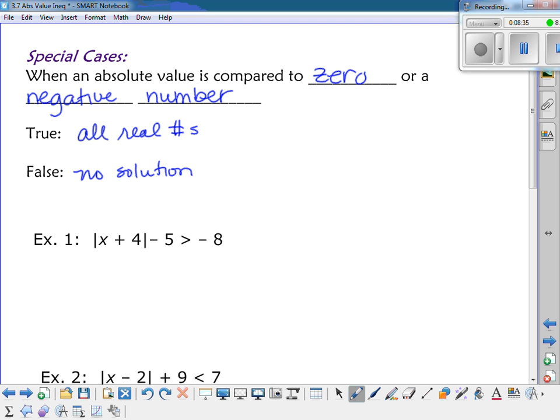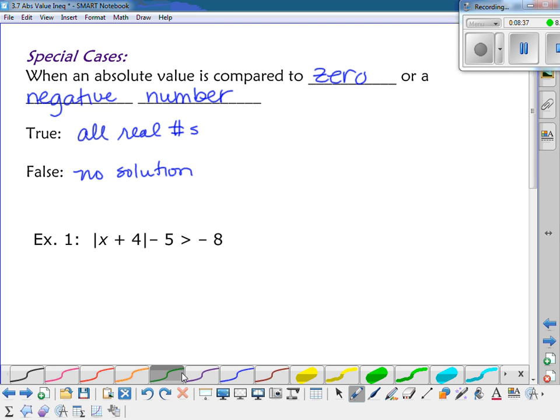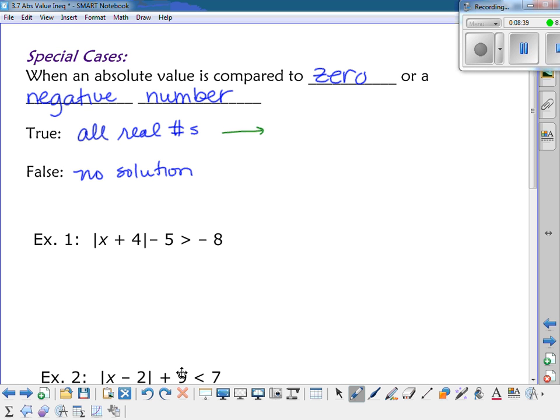So what that looks like is, for a true situation, absolute value is always going to be a positive number, right? And if it is greater than or equal to either a negative number or 0, okay, is a positive number going to be greater than or equal to a negative number?